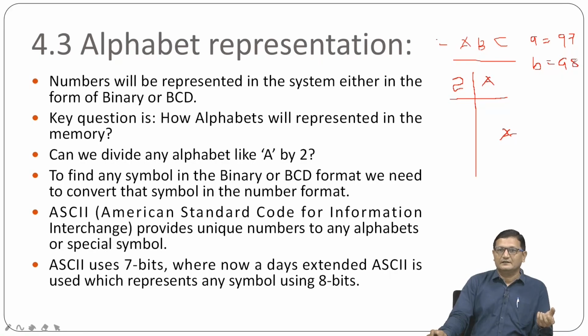Similarly, c is there. If you are storing c, it will store 99, right? If you are storing capital A, then the computer will store the binary of 65, right? If someone wants to store capital B, then the computer will store the binary of 66 into the memory, okay?